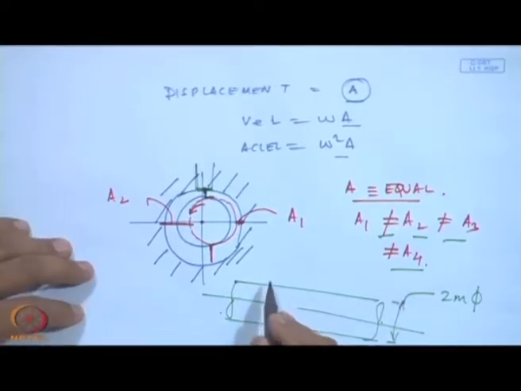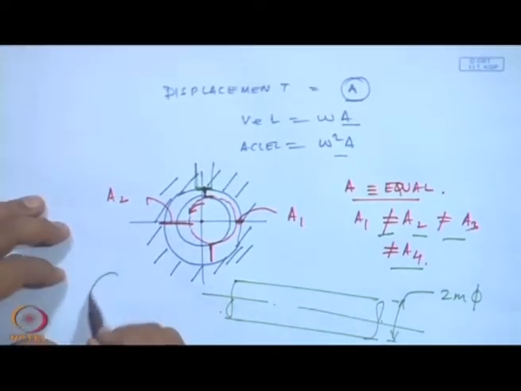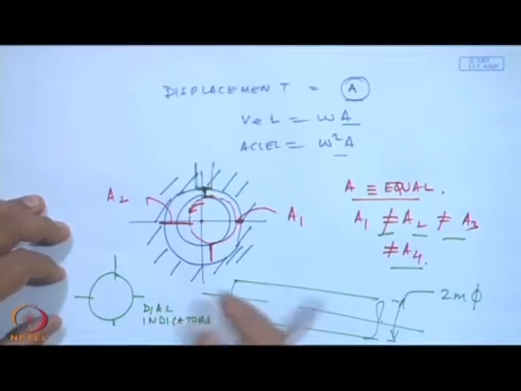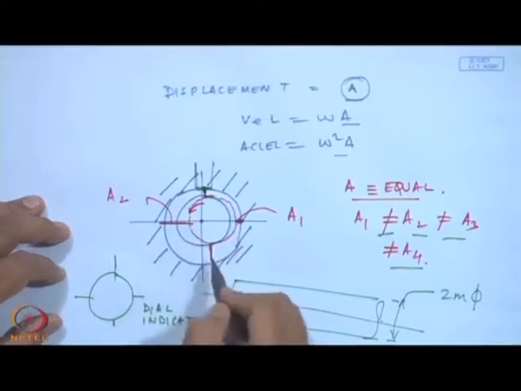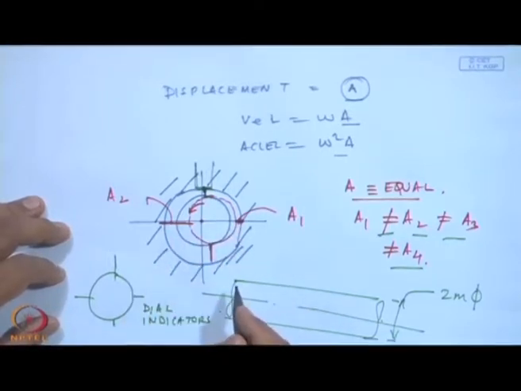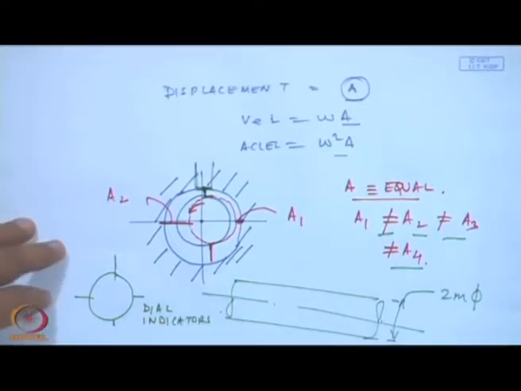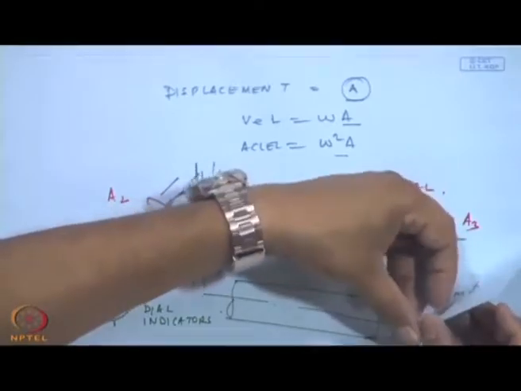So, this actually you would have seen when they go to install and commission such equipment, they actually put a lot of dial indicators. Okay. These are nothing but mechanical spring loaded, they have a plunger and stylus. So, the plunger is going to move depending on this A 1, A 2, etc., and then we will have a corresponding reading. And these dial indicators are very good in the sense, if you want to measure the surface roughness in a bearing to out of roundness in a bearing.